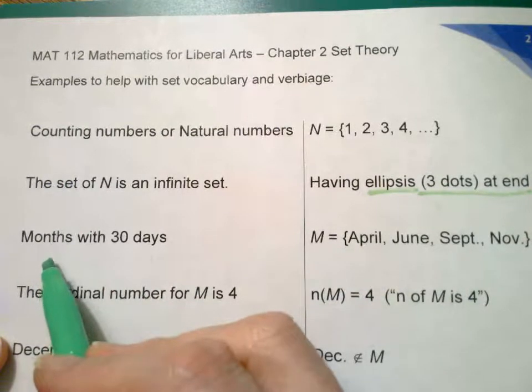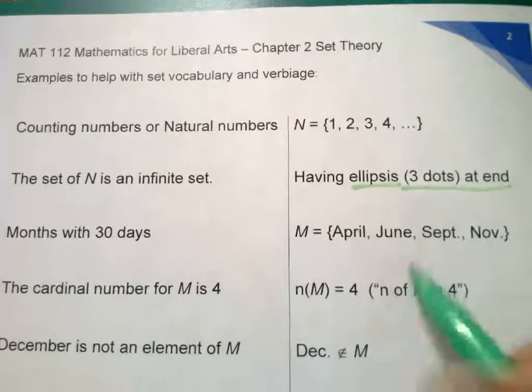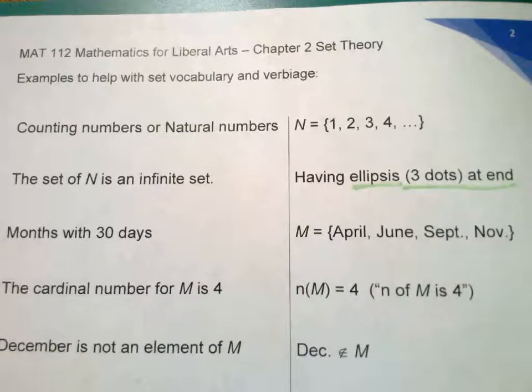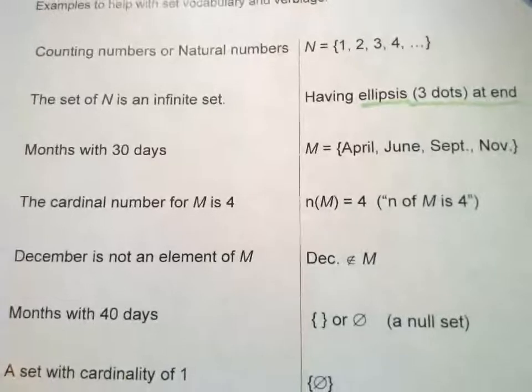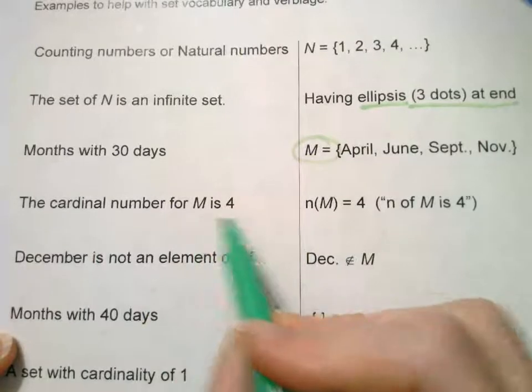Okay, so if I was looking at months with 30 days, I can make a roster listing. April, June, September, November. Those are months with 30 days anyway, in a roster method. Cardinal number for the set M. Notice this says set equal, so this can be called the set labeled M. Okay, so the cardinal number for M is 4.